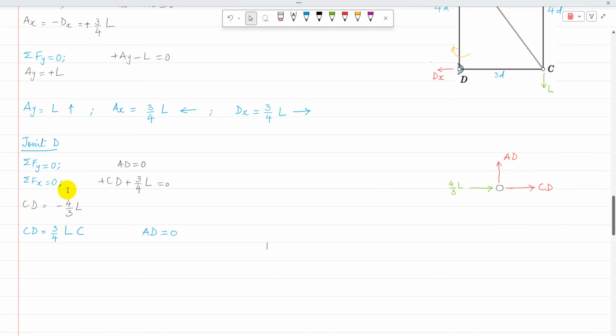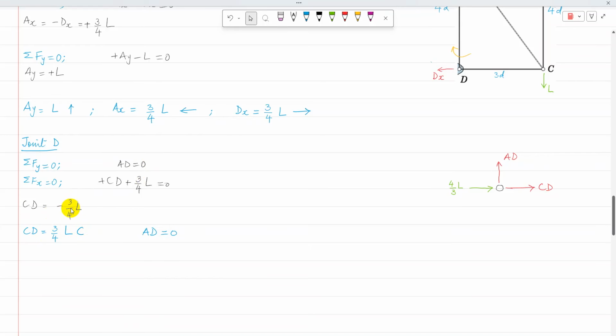And then applying sigma Fx equal to 0, CD is positive, and the 3 over 4L reaction is also towards the right, so that is also positive. So plus CD plus 3 over 4L is equal to 0, so CD is minus 3 over 4L.